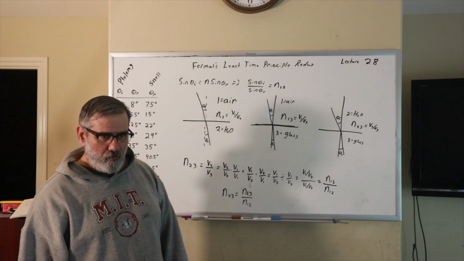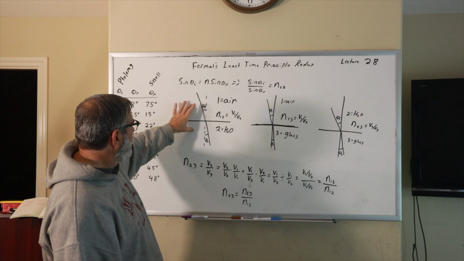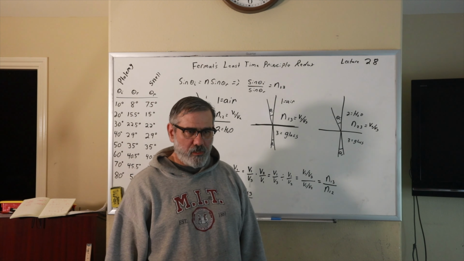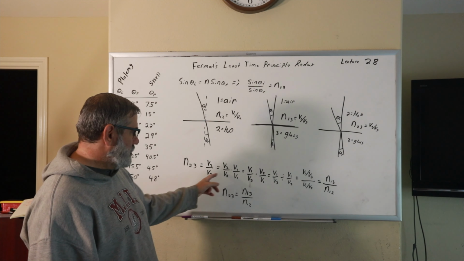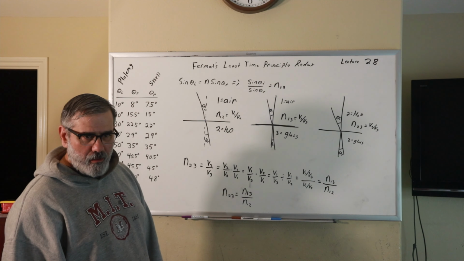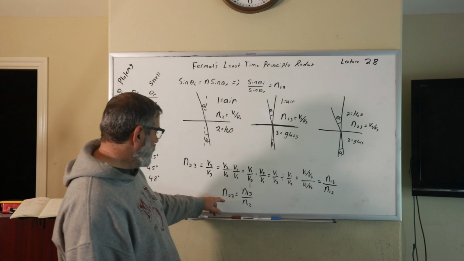And that is surprising if all you know is Snell's law. But under Fermat's principle of least time, it makes sense, right? And it makes sense because of this argument about the ratio of the velocities being equal to the index, so the ratio of the indices. Yes. So we have a new prediction.